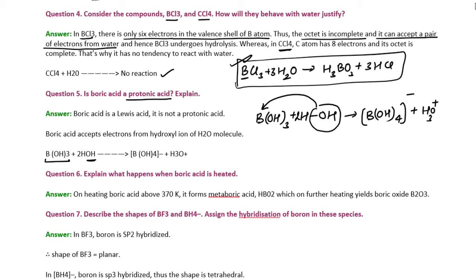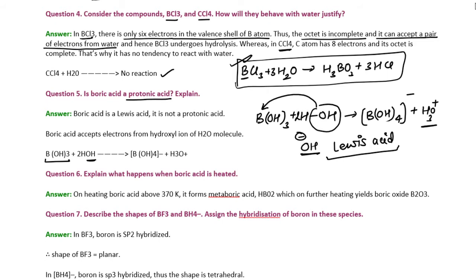So boric acid will not give H plus ion, rather it accepts an electron pair, or we can say it accepts OH negative ion from water. So it is a Lewis acid. It means H plus ions in the solution are provided by the water. That's why it is not a protonic acid, rather it is a Lewis acid.